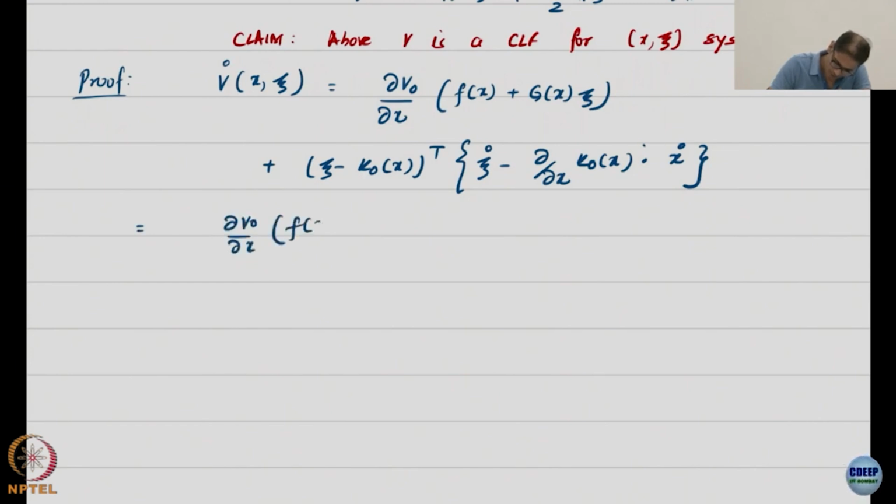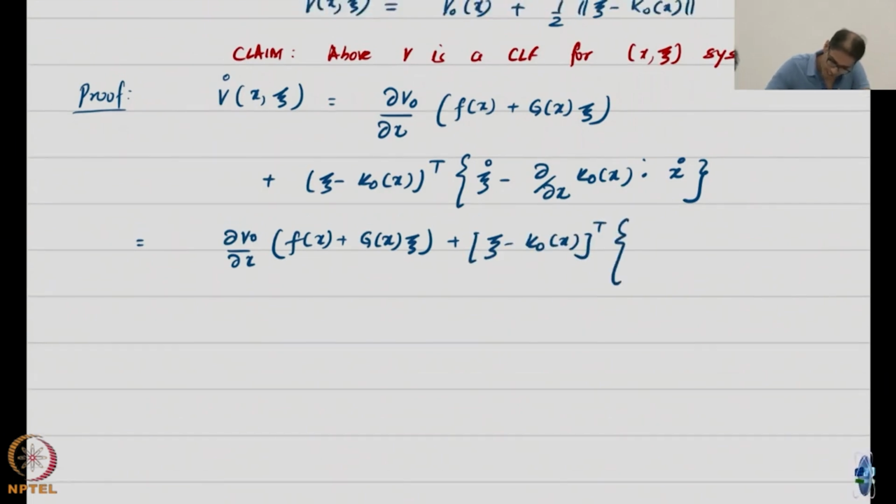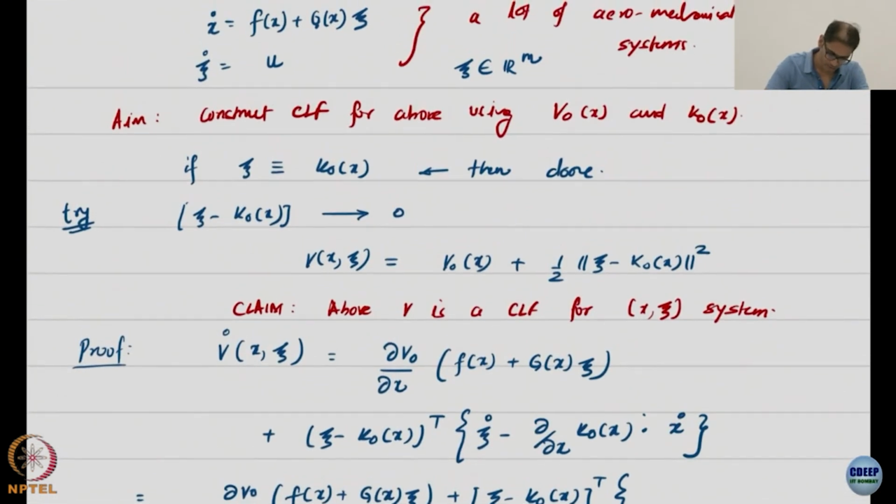Okay, all right. So let me just carefully expand things here. Continue to write this as f(x) plus g(x) psi, plus (psi minus k0(x)) transpose, and I know that this psi dot is just u, right? Psi dot is just u.